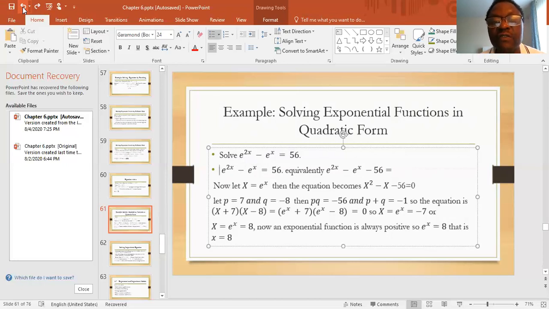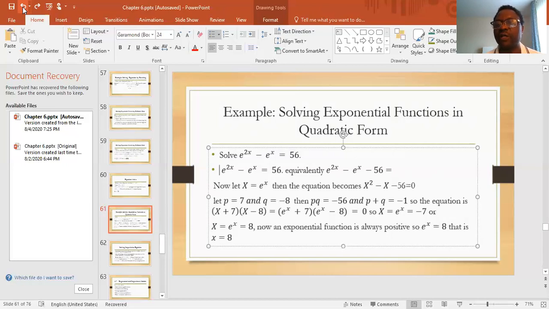factors of minus 56 could be 7 and minus 8, and the sum of 7 and minus 8 gives us minus 1. That quickly helped me to get two solutions. One is minus 7 and the other one is 8. Because the exponential cannot be negative, I will get rid of minus 7 and only solve the exponential equation e to the x equals 8.